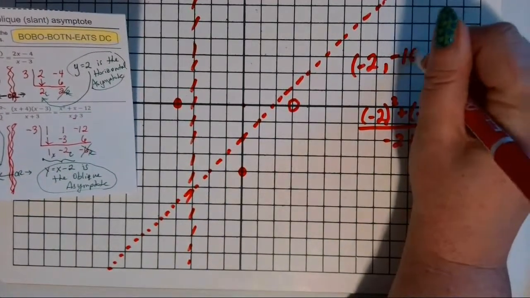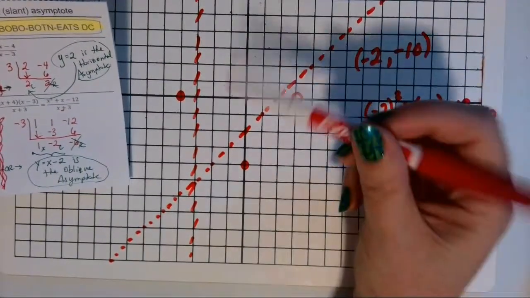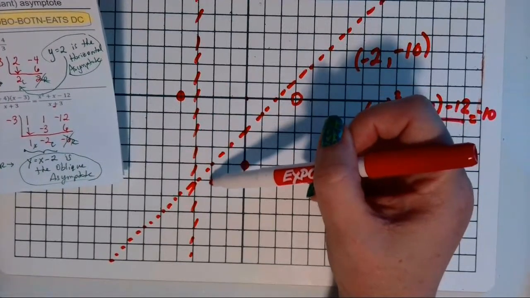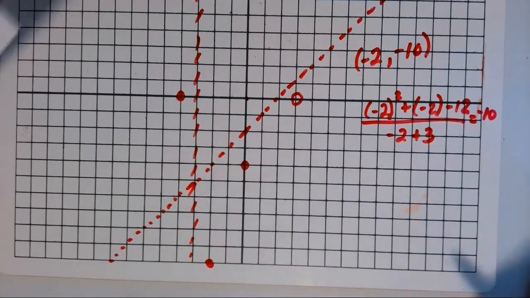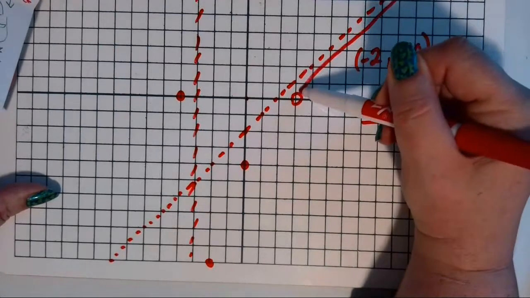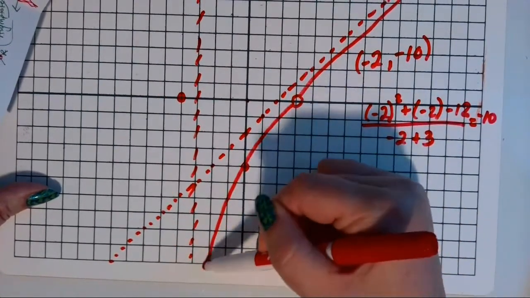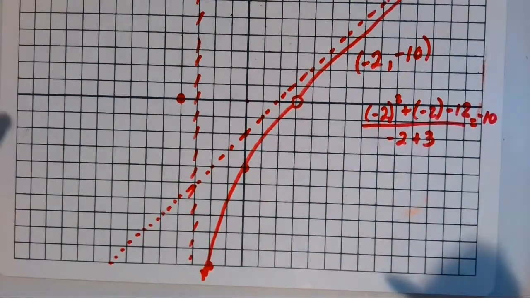So (-2, -10) would be a point on this graph. So I go to negative 2 and then down 1, 2, 3, 4, 5, 6, 7, 8, 9, 10, which puts my point right here. And then I can follow that oblique asymptote past the hole, and then I'm bending towards my vertical asymptote.